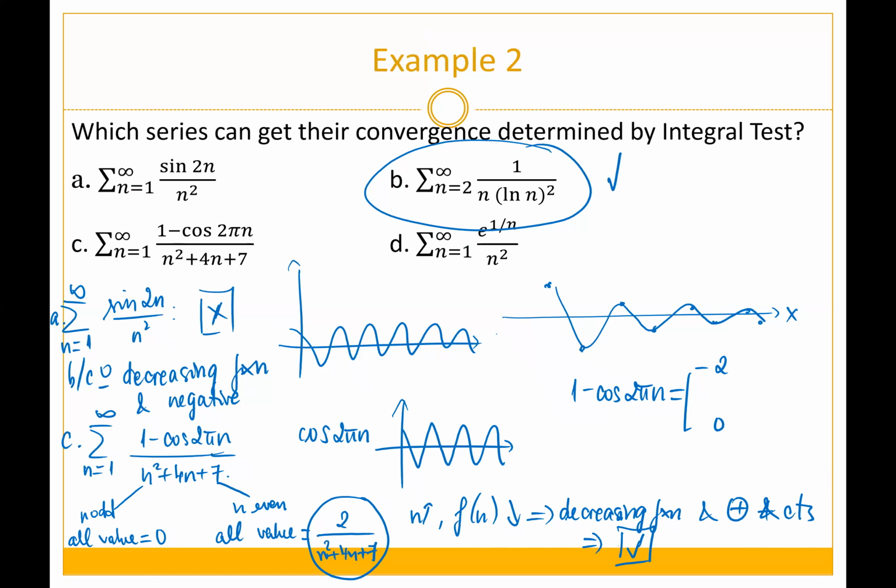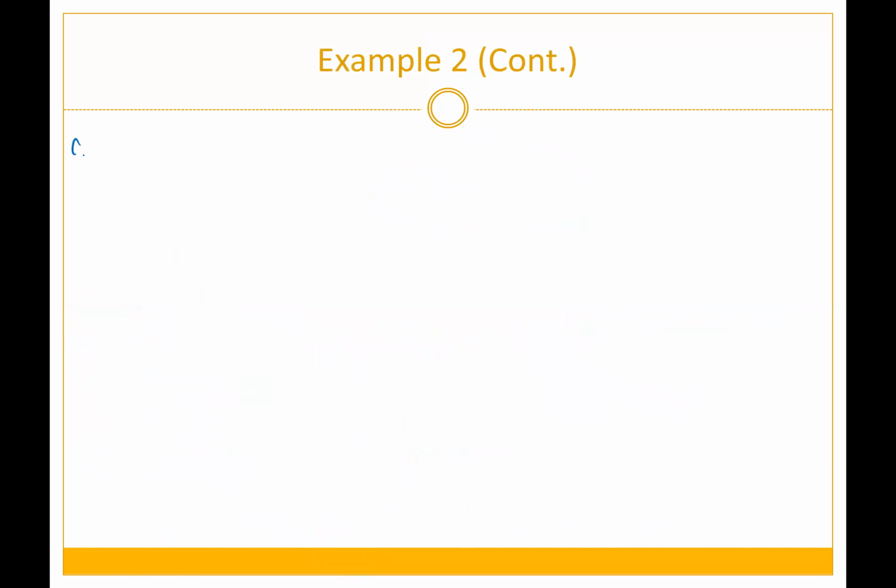Now the last one, e to the 1 over n squared. So G, the series from n equals 1 to infinity of e to the 1 over n squared.